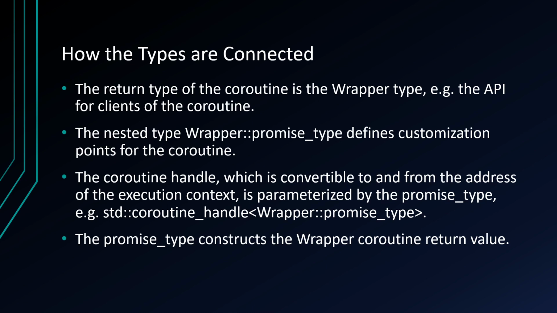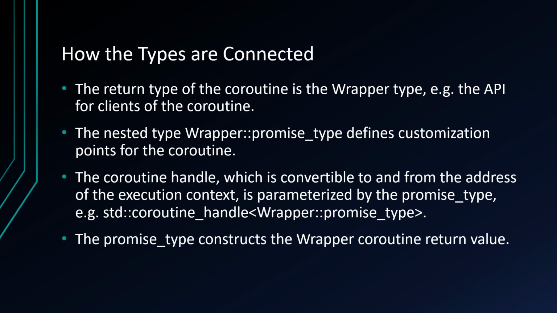Now, the promise type can be named as a type alias or an actual nested type that's defined inside the wrapper. It's not required to be defined as a nested type. It just has to be accessible by referencing that name.